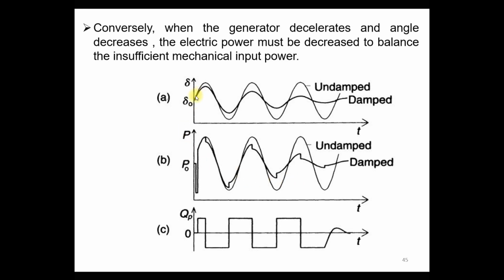As you can see here in the undamped system, delta increases. It means this is the acceleration of the machine. At that time you need to increase the active power. So how to increase the active power? For that you require reactive power compensation.